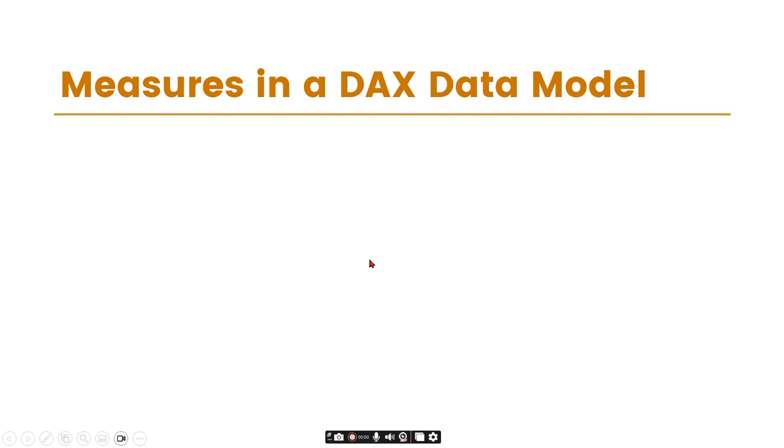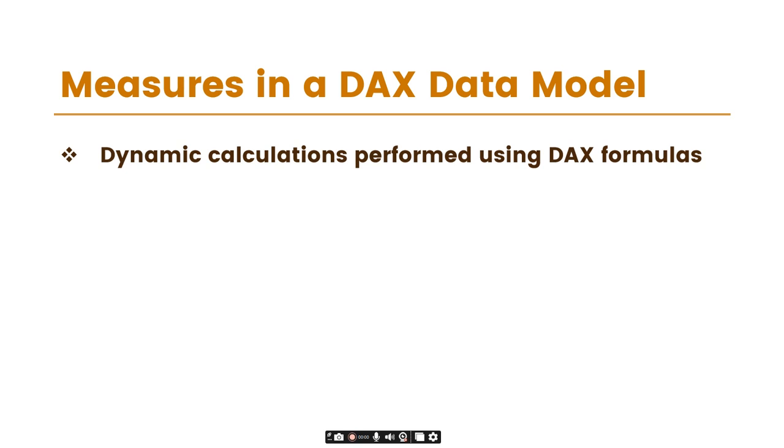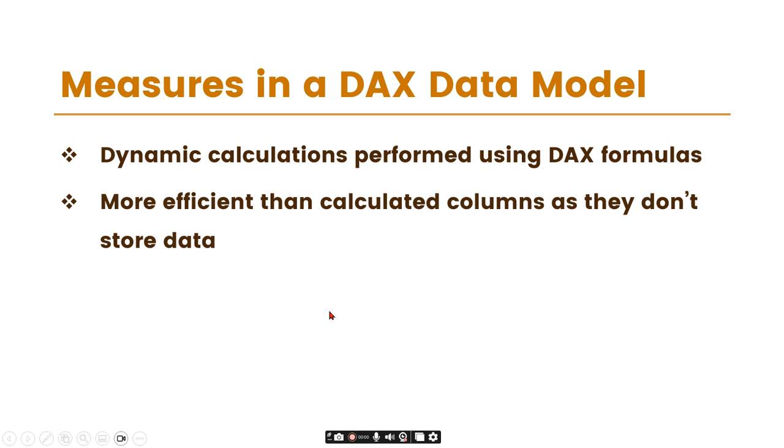Measures. We actually create some measures for calculations. They are nothing but dynamic calculations performed with DAX. We can use DAX formulas to create these measures, that is, for dynamic calculations. They are more efficient than calculated columns as they don't store the data.